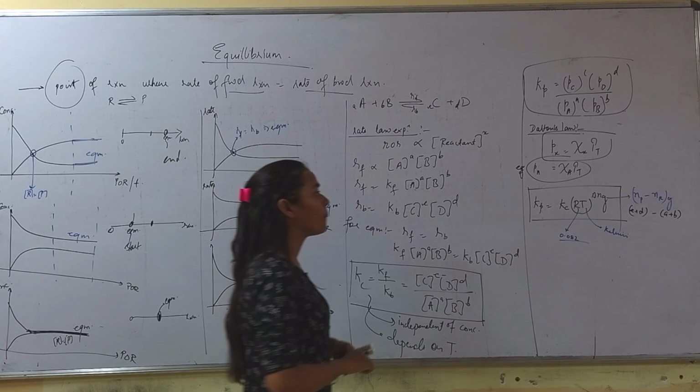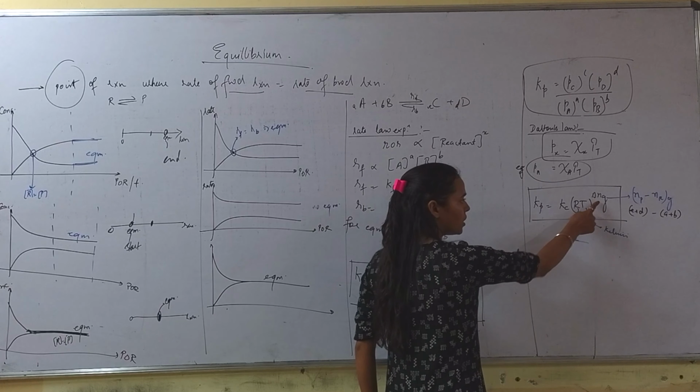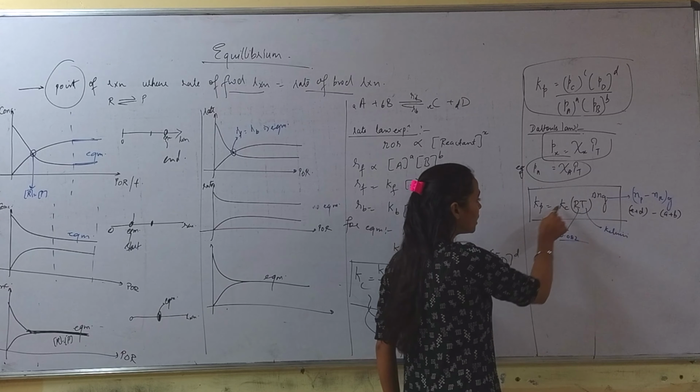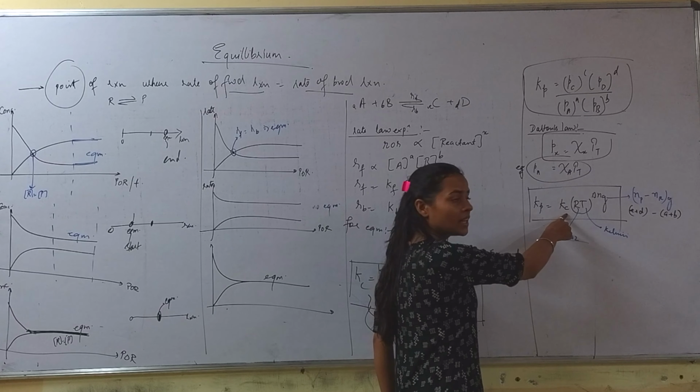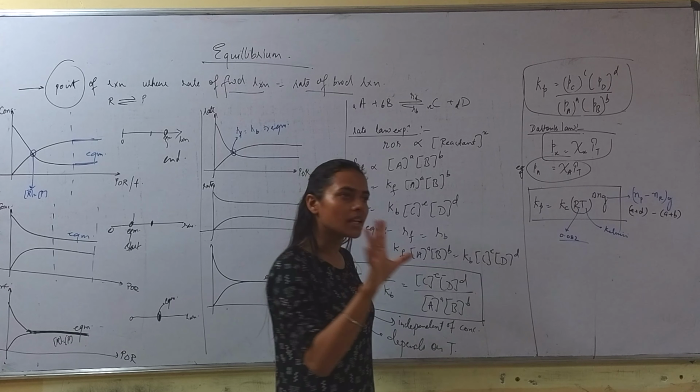Right? Okay. Now, if delta Ng over here comes out to be 0, then Kp becomes equal to Kc. If delta Ng is positive, then Kp is greater than Kc. If this becomes negative, Kc is greater than Kp. So what does this say?